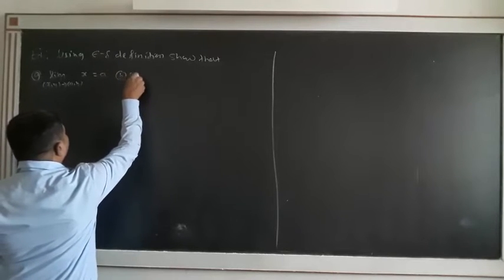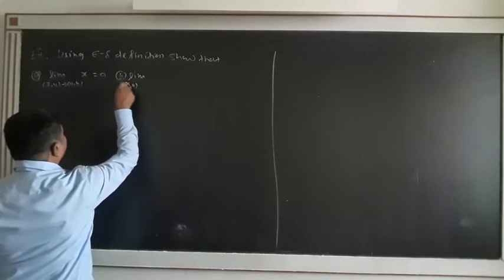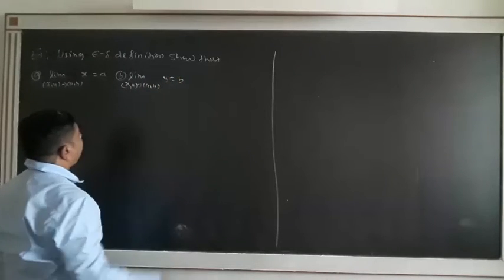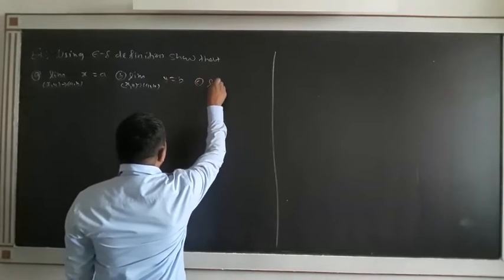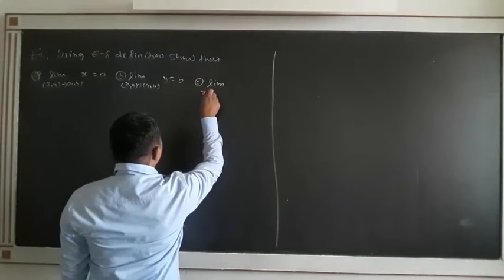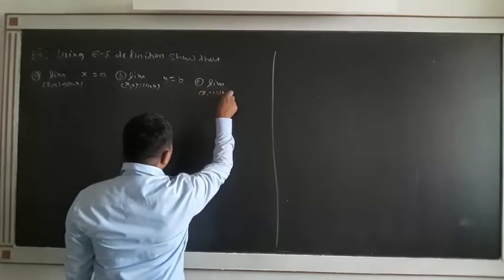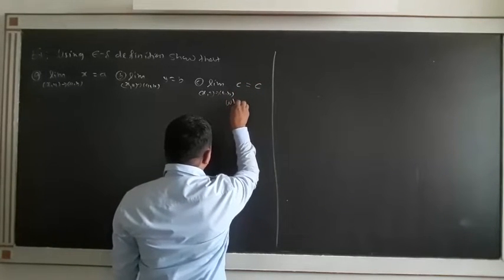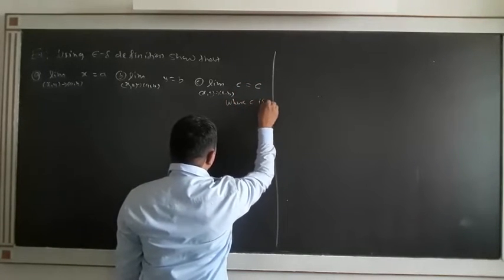Second, the limit as (x, y) tends to (a, b) of y is equal to b. And third, the limit as (x, y) tends to (a, b) of c is equal to c, where c is a constant.